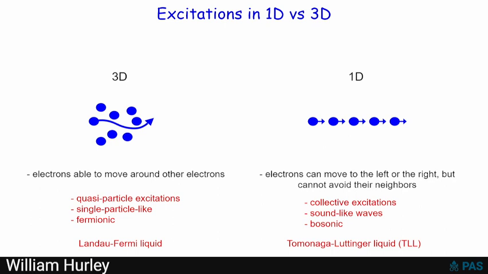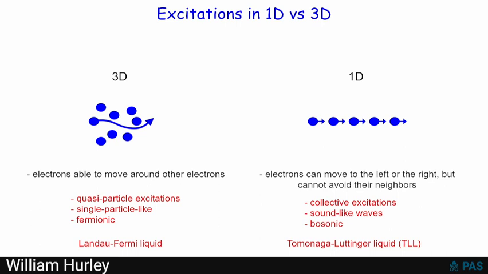And so any excitation which is excited somewhere along this line is propagated down the line. That's very different than in 3D, where there are quasi-particle-like excitations, single-particle-like and fermionic. And that's the basis of the mean field picture, or the Landau Fermi liquid picture of excitations in 3D systems.